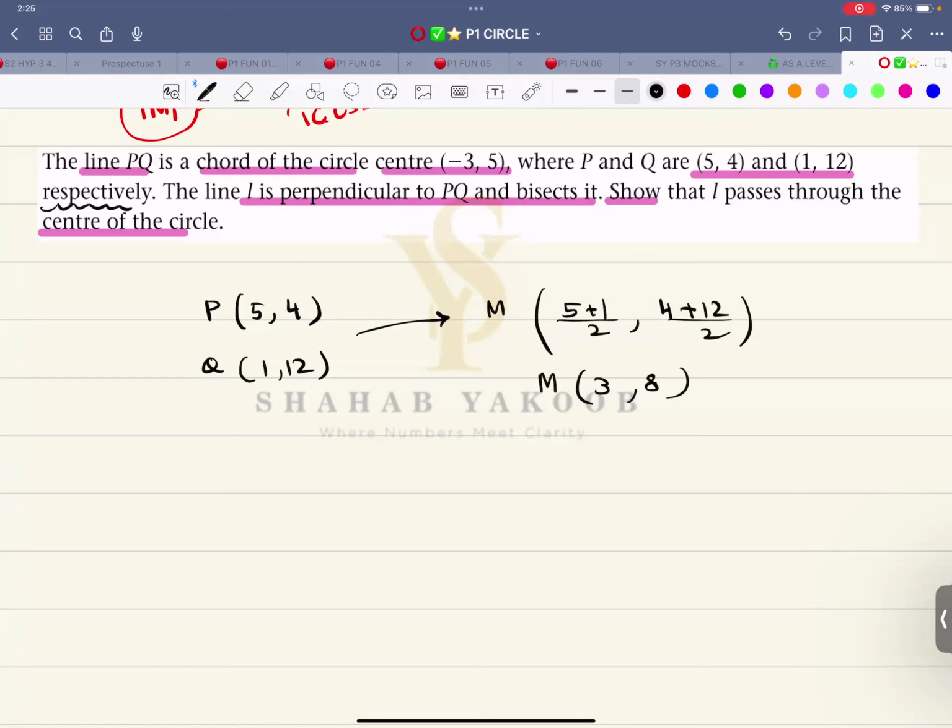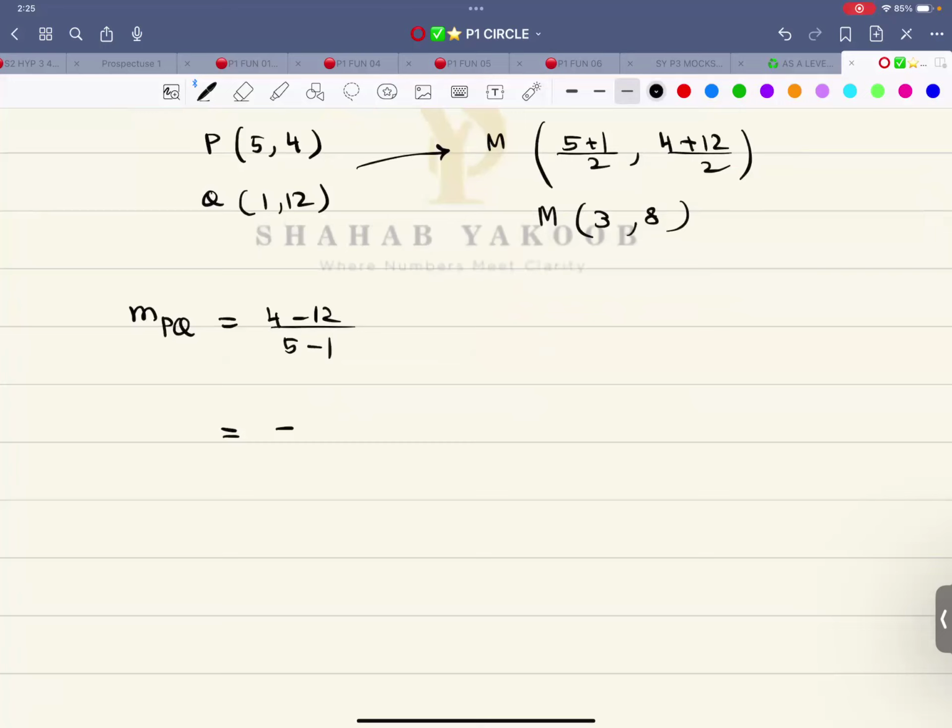That is the midpoint. Let me calculate the gradient of PQ, which is (4 minus 12) over (5 minus 1). 4 minus 12 is negative 8, 5 minus 1 is 4. This comes out to be negative 2.